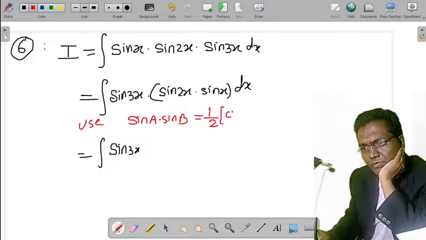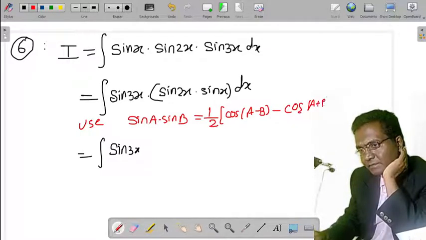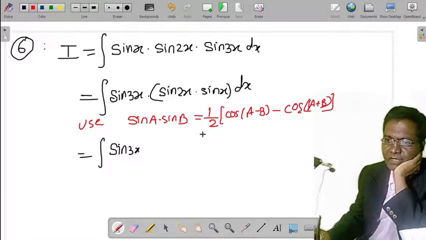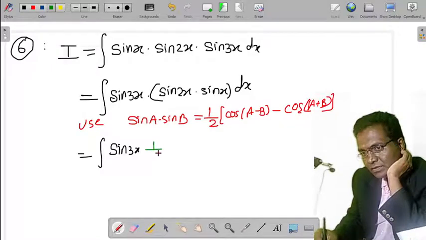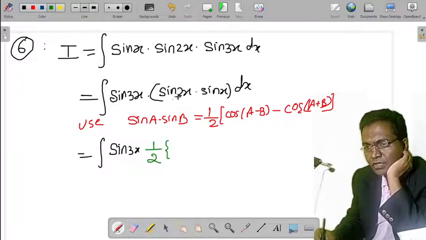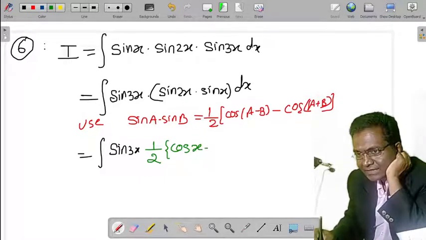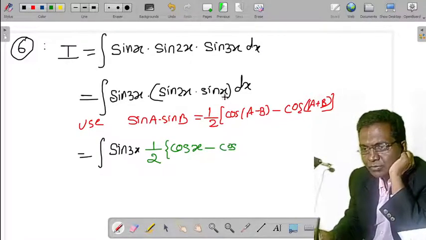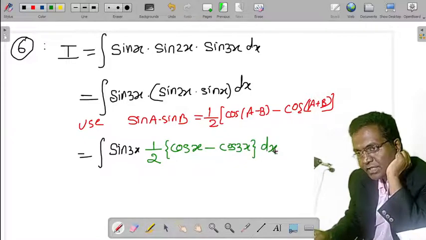It is 1 by 2 cos of A minus B, remember this, minus cos of A plus B. So what will you get? You will get 1 by 2 into cos of A minus B, that is 2x minus x, I will write x, minus cos of A plus B, 2x plus x is 3x, into dx.